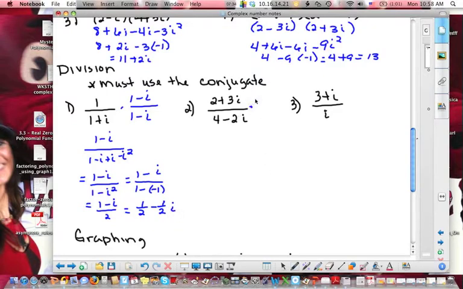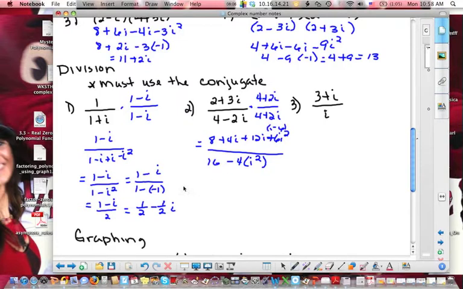On the second one, I'd multiply by 4 plus 2i over 4 plus 2i. Foiling the numerator, I have 8 plus 4i plus 12i plus 6i squared, all over 4 times 4, so 16. I know my insides and outsides are going to cancel, so I don't have to worry about it. So in the numerator, remember this is going to make this a negative 6.